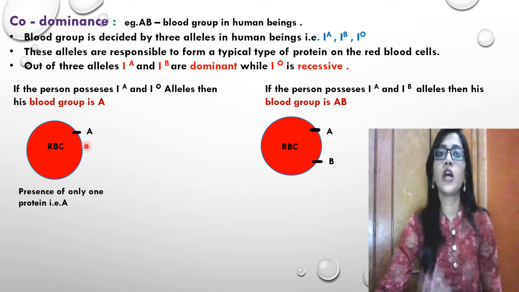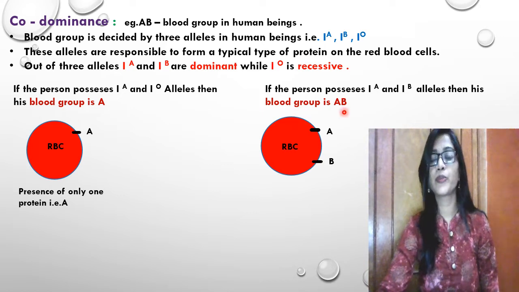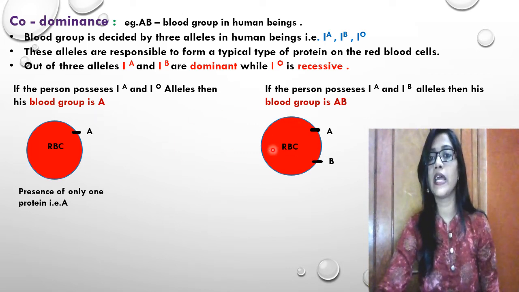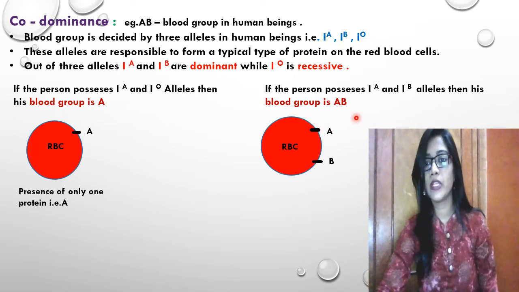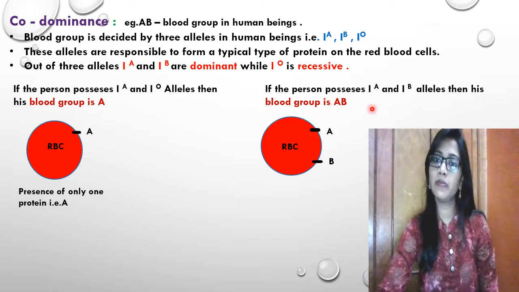In another case, we talk about the presence of both the alleles, that is IA and IB. If both the alleles are present, that person will have blood group AB. Now why is there AB blood group?